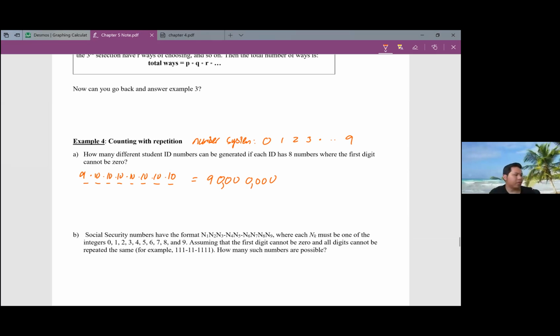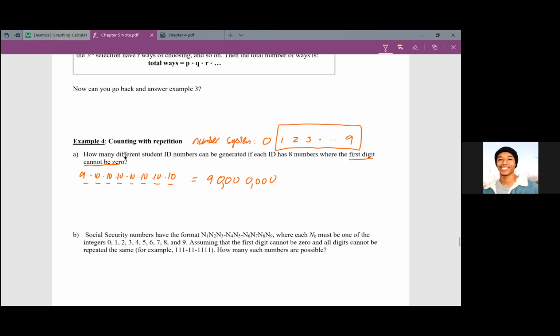Yes, Walter. I'm not really understanding how that works. Okay, the key here is that the first digit cannot be 0. If you look at the first digit and you cannot have 0, how many options do you have left for choosing the first digit? You have 9 different options.